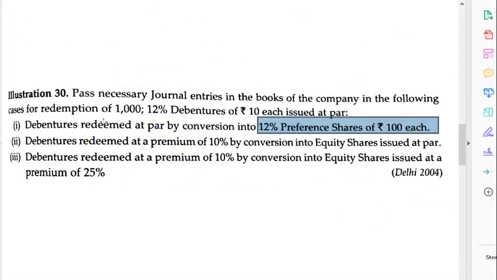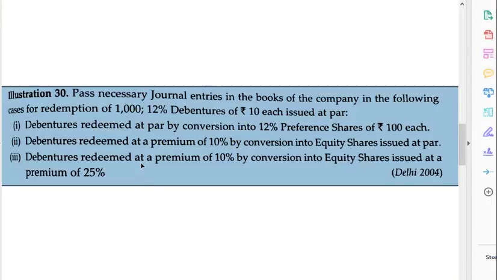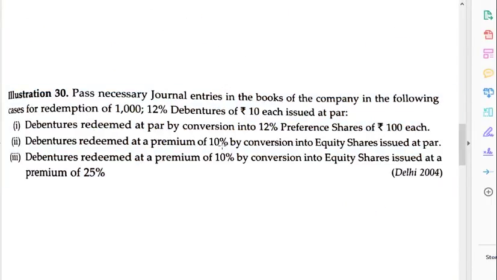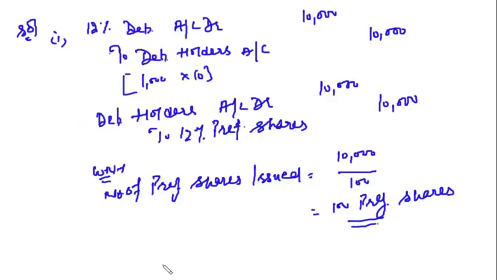Let's see the second part. Debentures redeemed at a premium of 10%. First of all, the debentures are redeemable at a premium of 10%. First of all, we have to see what is the total amount that is payable to that debenture holder.